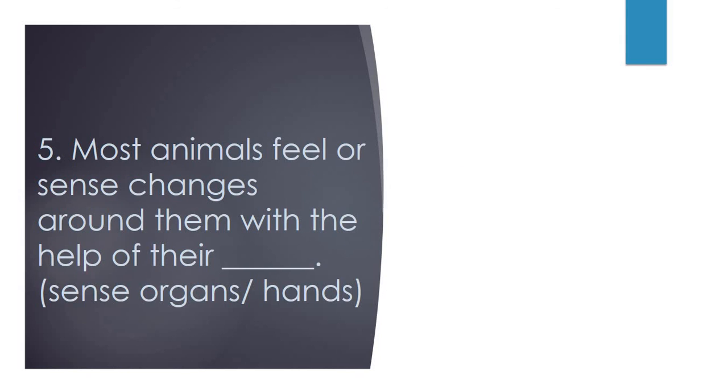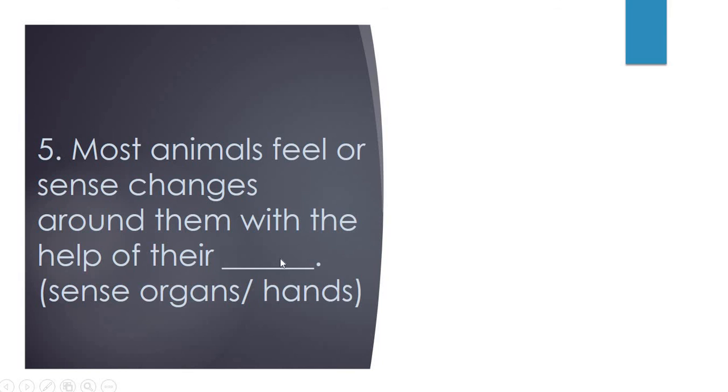Okay, number 5. Most animals feel or sense changes around them with the help of their dash. Let me read this question again. Most animals feel or sense changes around them with the help of their dash. Options are sense organs or hands.